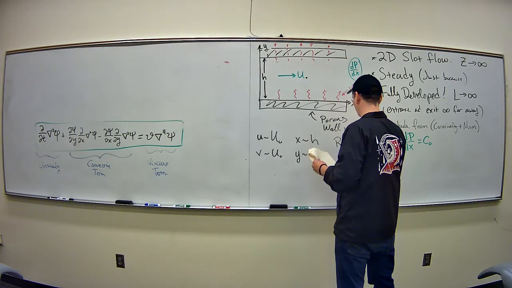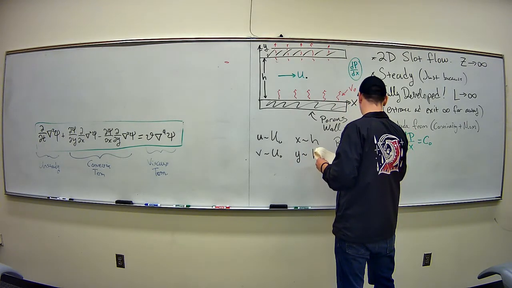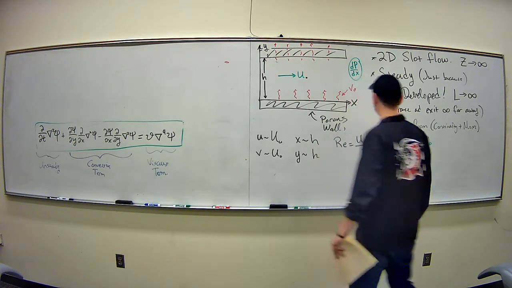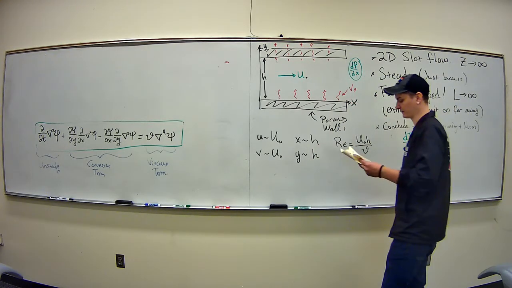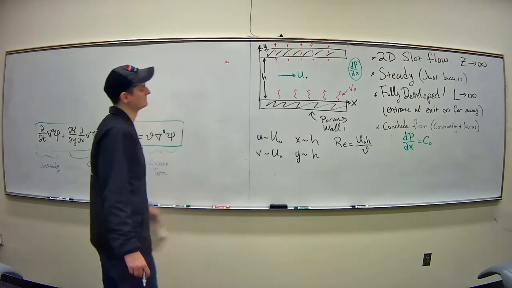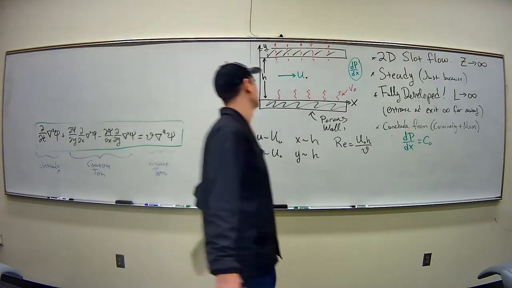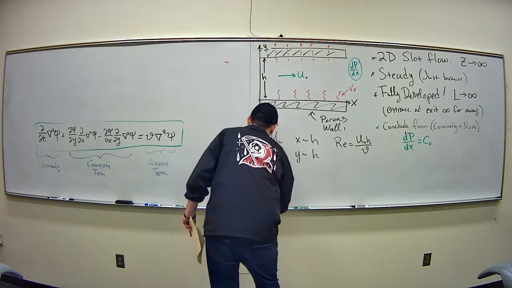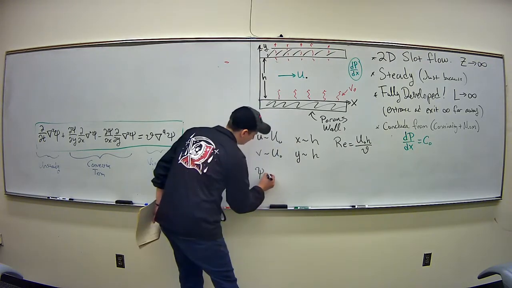Okay, your Reynolds number. Remember, this is a kinematic velocity. Now think about this stream function. What were the units on it?